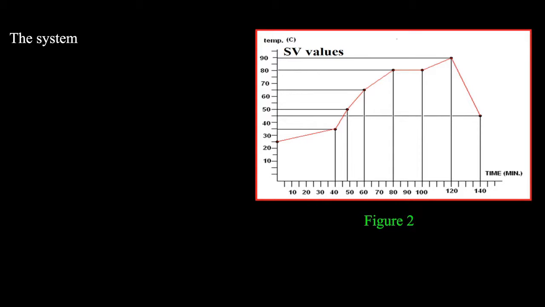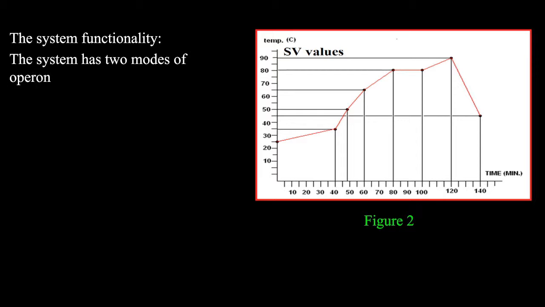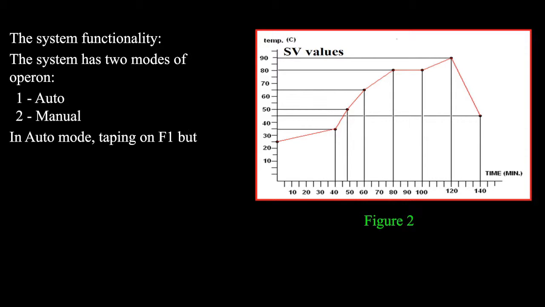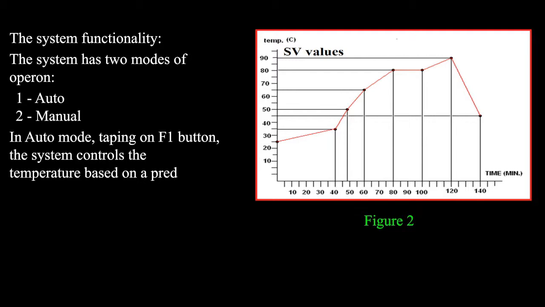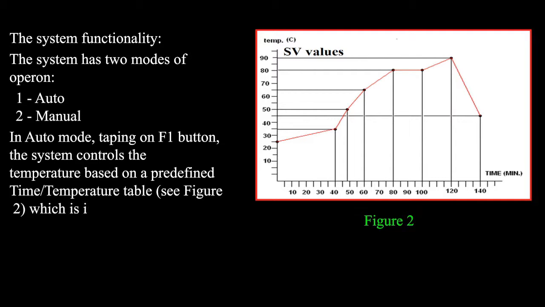The system functionality. The system has two modes of operation. 1. Auto. 2. Manual. In auto mode, tapping on the F1 button, the system controls the temperature based on a predefined time-temperature table, see figure 2, which is integrated into its PLC control software program.